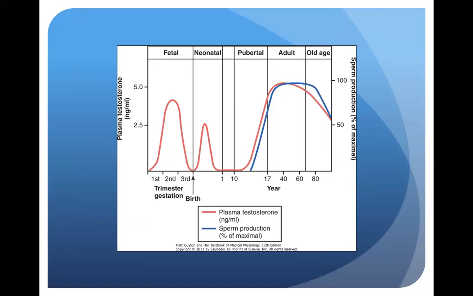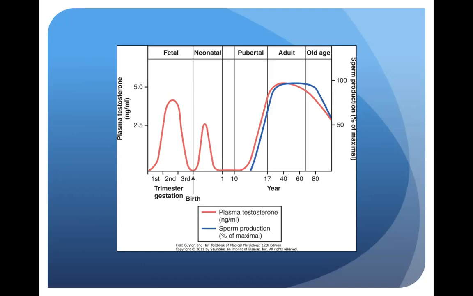And in here, you will also see yung sperm production kasi nga, you need your testosterone in order for spermatogenesis to occur. Okay? And then, up to around 50 years old, you will start to have decrease in your testosterone.